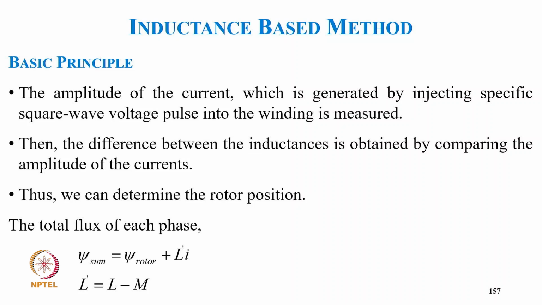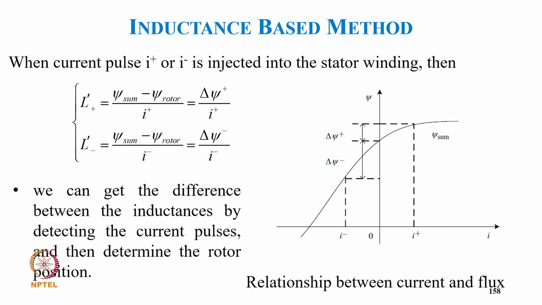So the total flux of each phase is phi sum equal to phi rotor plus L dash I, where L dash equal to L minus M, and typically the current pulses I plus and I minus are injected into the excited winding, then L dash plus equal to phi sum minus phi rotor by I plus, that is delta phi plus upon I plus, as you see in the diagram, and L dash minus is phi sum minus phi rotor divided by I minus, equal to delta phi minus upon I minus, as defined in the diagram. So we can get the difference between the inductances by detecting the current pulse and the rotor position.